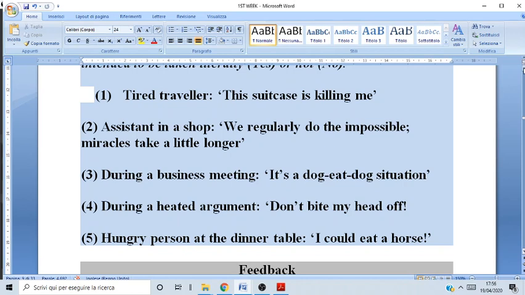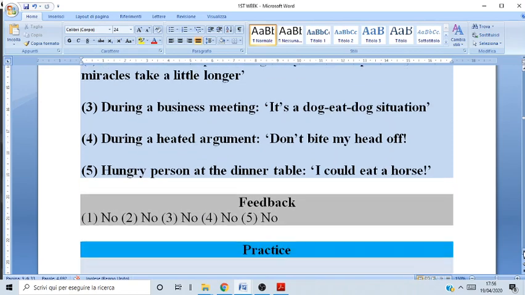Or during a heated argument, somebody says, "Don't bite my head off." Or, number 5, a hungry person at a dinner table, "I could eat a horse." In all these situations, we can obviously say that the meaning should not be taken literally. They are all metaphors. And we are all correct, because that's what the feedback says. All the answers were no.